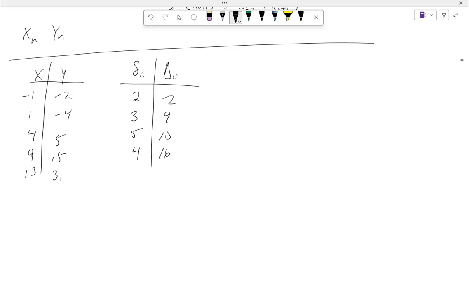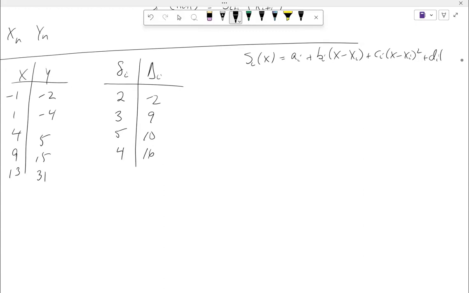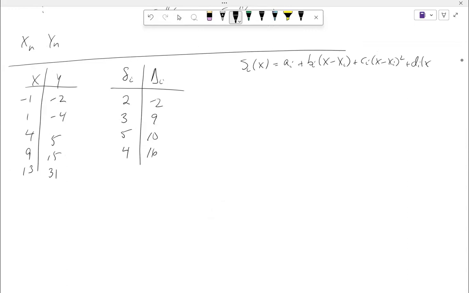So again, if you think about your cubic function being, say, a sub i plus b sub i times x minus x sub i, c sub i times x minus x sub i squared, and d sub i times x minus x sub i cubed. This is what I mean by powers of x minus whatever, right? Then it's easy to see what your constants have to be, because if I plug in the x sub i, I better get the y sub i associated with it, because the other terms cancel out, right?